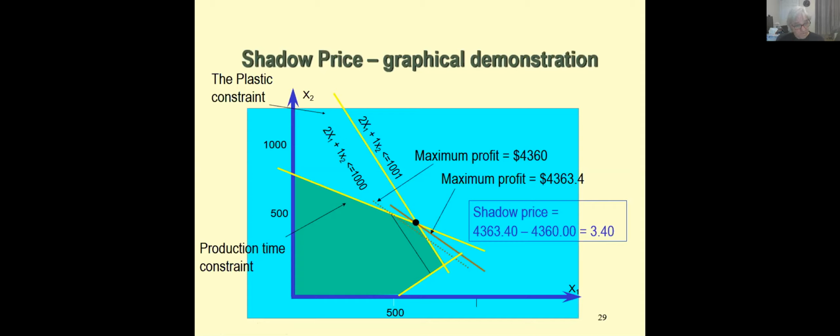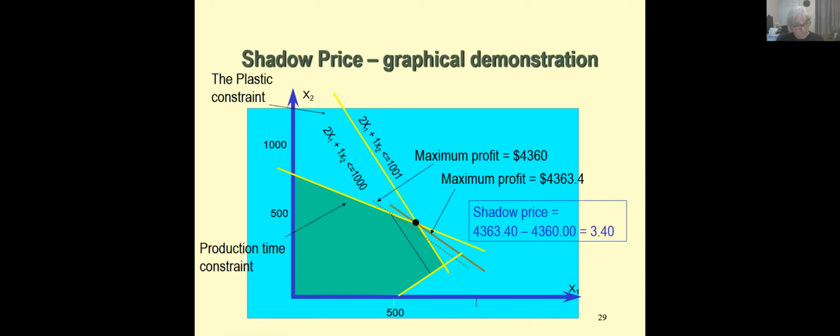Our constraint right-hand side was 1,000. It became 1,001, a 1 unit increase. The profit has changed by a $3.40 increase. So the shadow price is a positive value at $3.40. Shadow prices can be negative. Shadow prices can be 0, which means you change the constraint, nothing will happen to the profit or to the objective function in general.